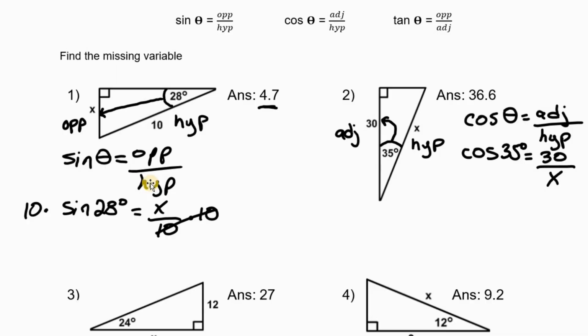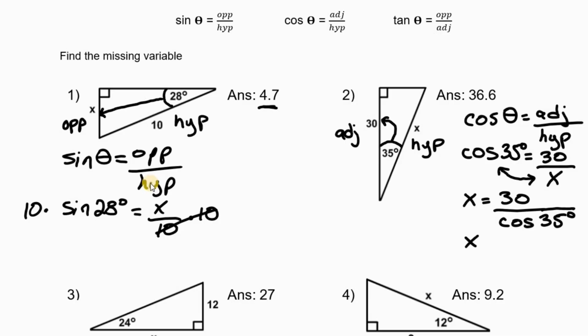Thinking about the do now, once again, we should be able to solve out for our x. What was the trick that I showed you to help you solve out for x? You remember this? Where we do a little switcheroo right here? So we have x is equal to 30 divided by cosine of 35 degrees.